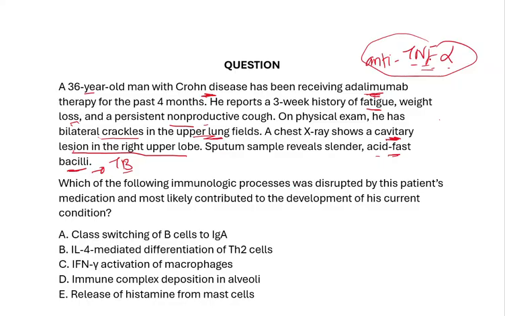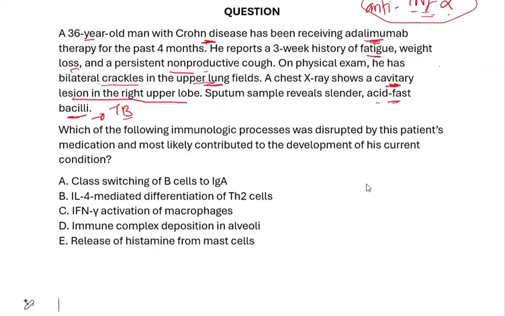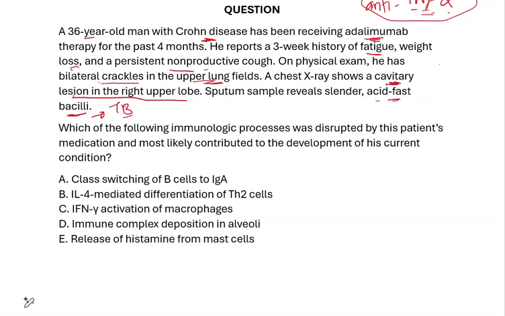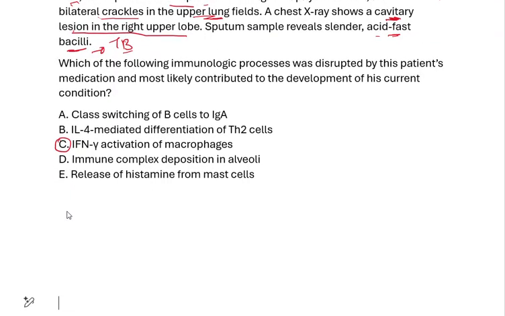As you know, TNF normally maintains the granuloma in the latent TB. So if this patient is taking a drug that is inhibiting this TNF, that could cause breakdown of those granulomas. So the best answer there will be C, right? Interferon gamma activation of the macrophages. So let's see why.